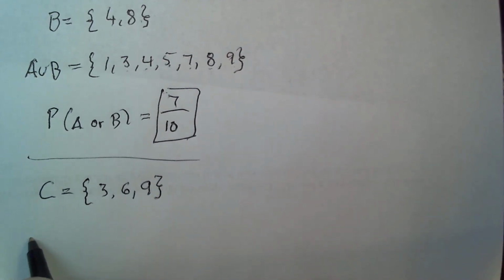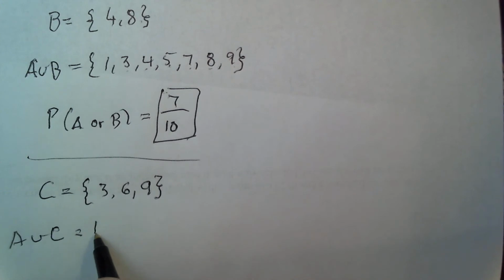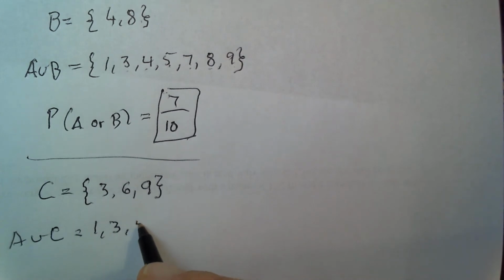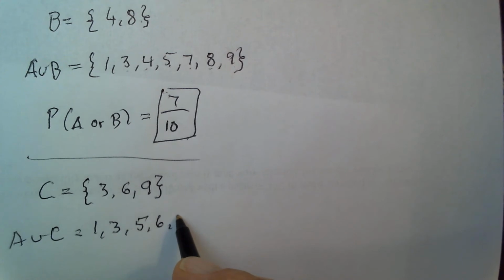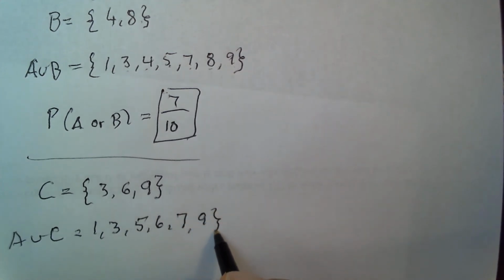So then A union C, either or, A union C would be the set 1, 3, 5, 6, 7, and 9.